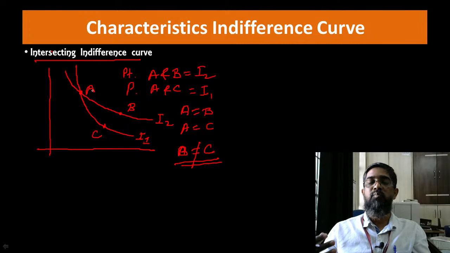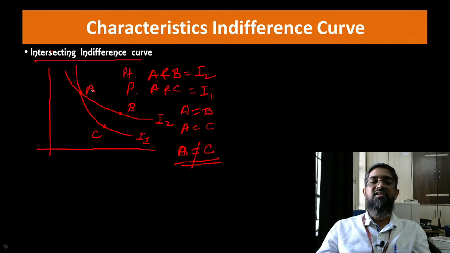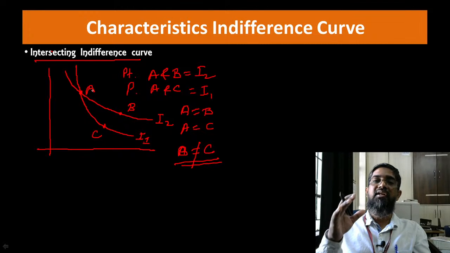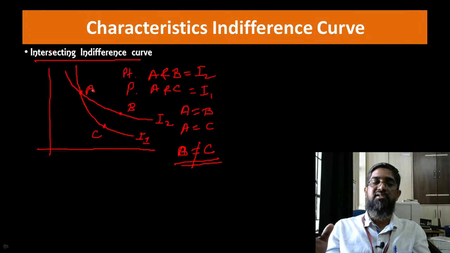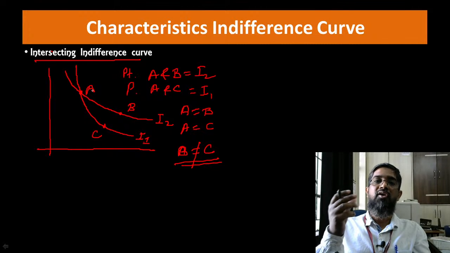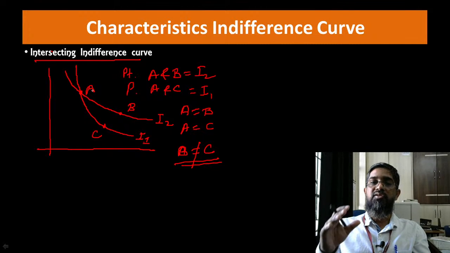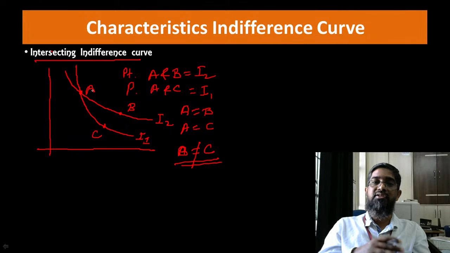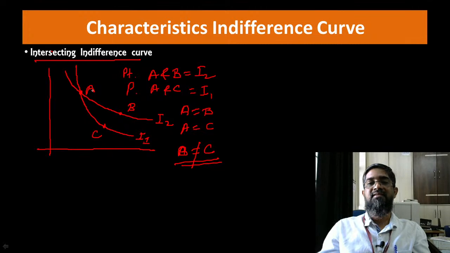So these are some of the important properties or characteristics of indifference curves. We have studied that an indifference curve slopes downward from left to right, then the marginal rate of substitution is always diminishing, or the indifference curve is convex to the origin. We have studied that a higher indifference curve will give you a higher level of satisfaction, a lower indifference curve will give you lower satisfaction, and two indifference curves cannot intersect because it will become inconsistent.